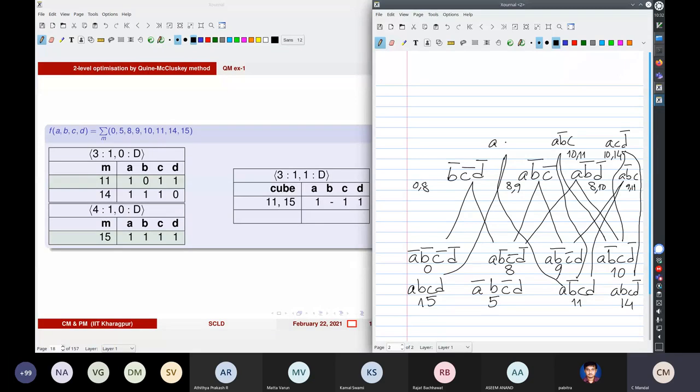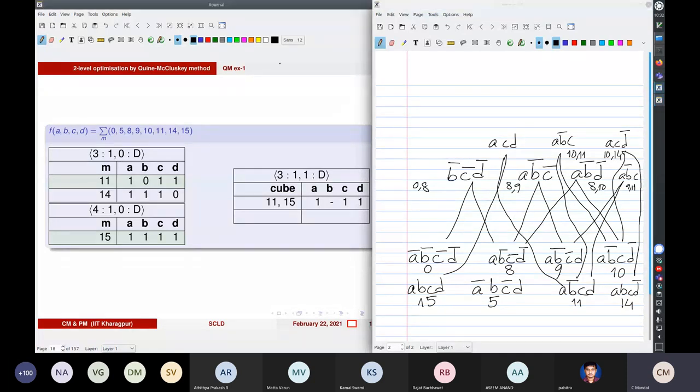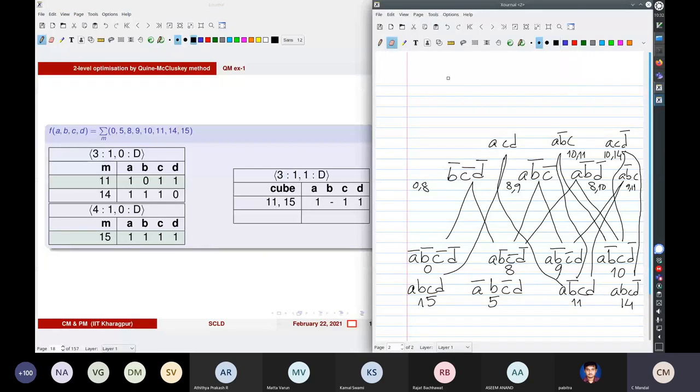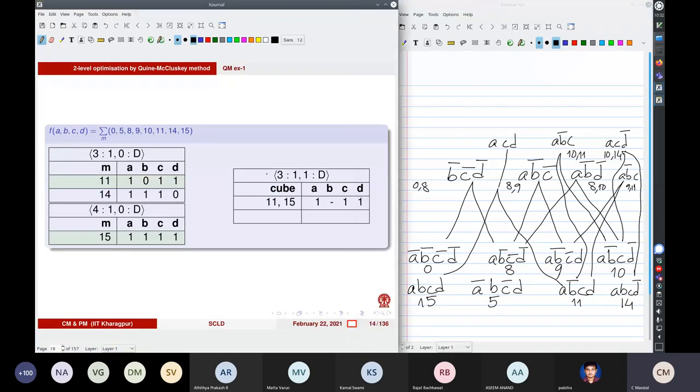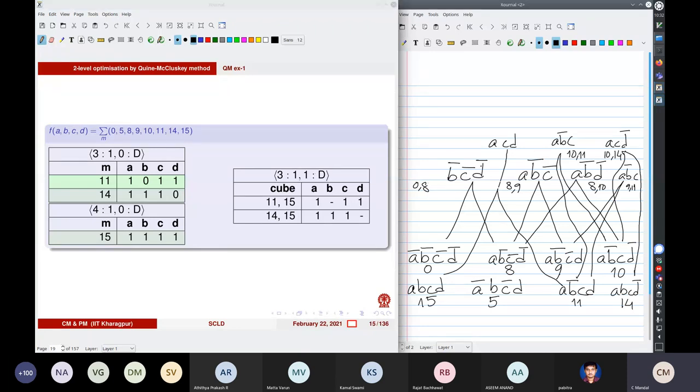So A, C, D. Okay, A, C, D. And this is also adjacent. 14 is also adjacent.